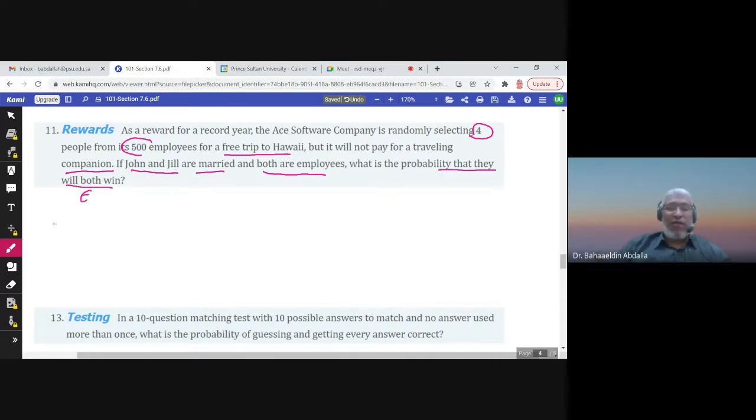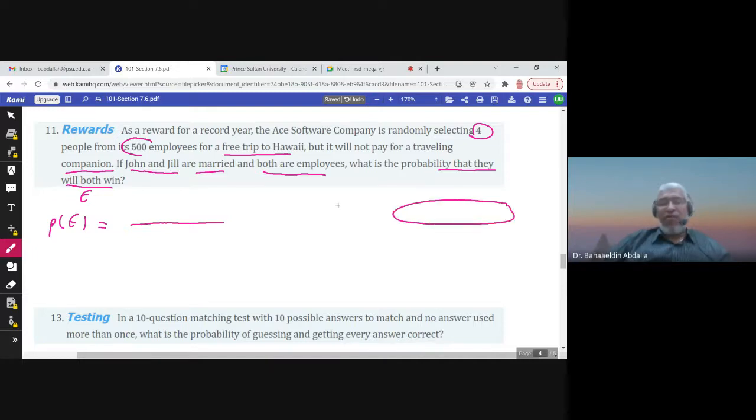So this is the event E. And now we need John and Jill to be selected among these four. So let me say that I have 500 employees. Two of them are John and Jill. And the remaining employees are 498.